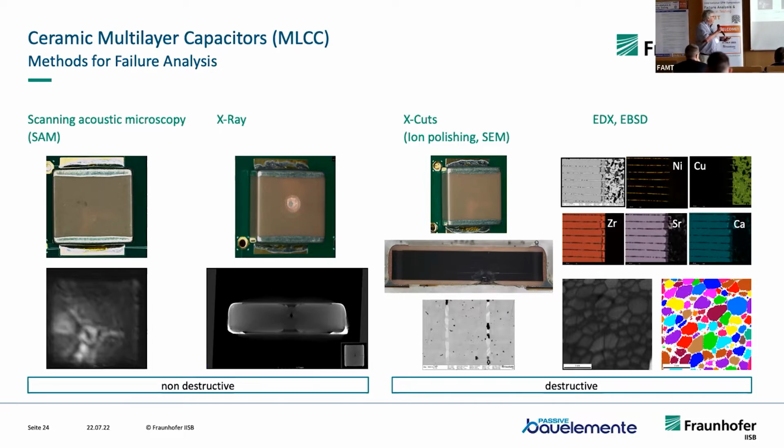And to my understanding, the problem is the scale: the X-ray does not resolve this big crater, which you see visually, and this delamination you see here is very fuzzy in the SEM. So we are using a real broad mix and try to use the PEST method to identify the failure.